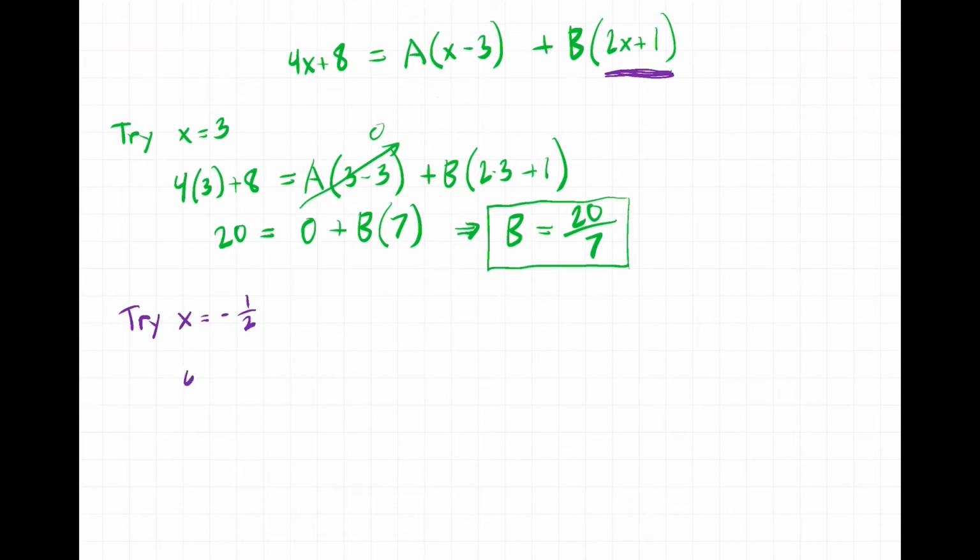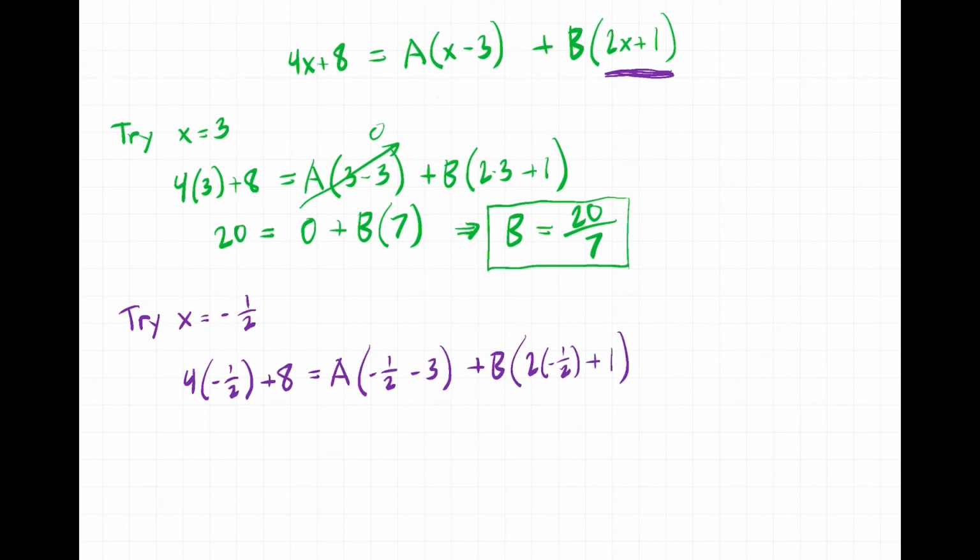So let's try that. 4 times negative 1/2 plus 8 equals a times negative 1/2 minus 3 plus b times 2 times negative 1/2 plus 1. Now 2 times negative 1/2 is negative 1, and we're adding 1, so this part is going to go to 0.